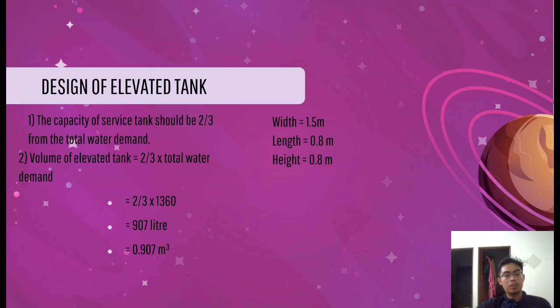So the volume of elevated tank is 2 divided by 3 times the total demand, and we get 0.907 meter cube. So for the assumption for the water tank, the width is 1.5 meter, length 0.8 meter, and the height 0.8 meter.